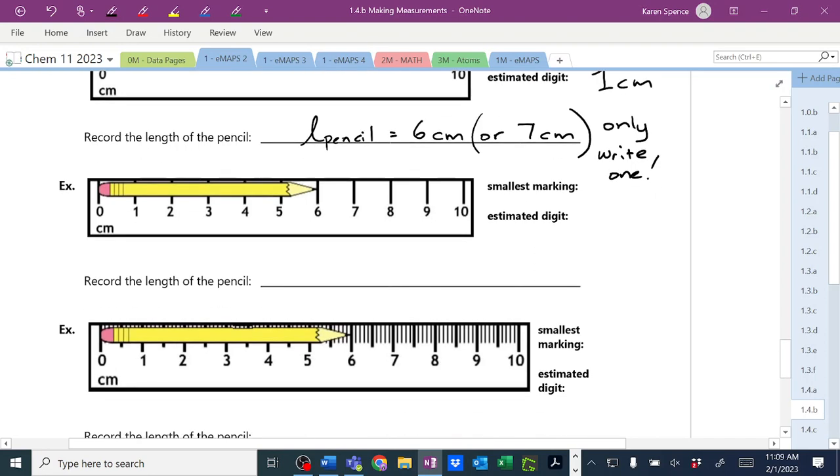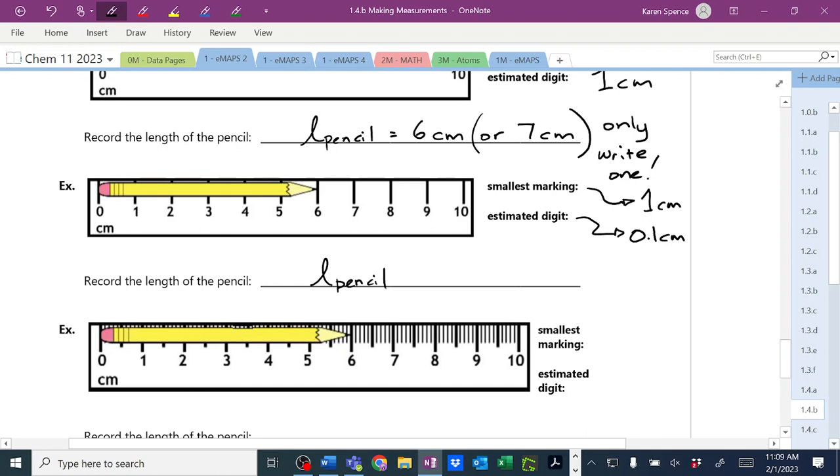How about our next pencil? The smallest marking is 1 centimeter, and our estimated digit therefore must be 0.1. And so we would estimate this as being 6.0. So the length of the pencil, don't forget that part.